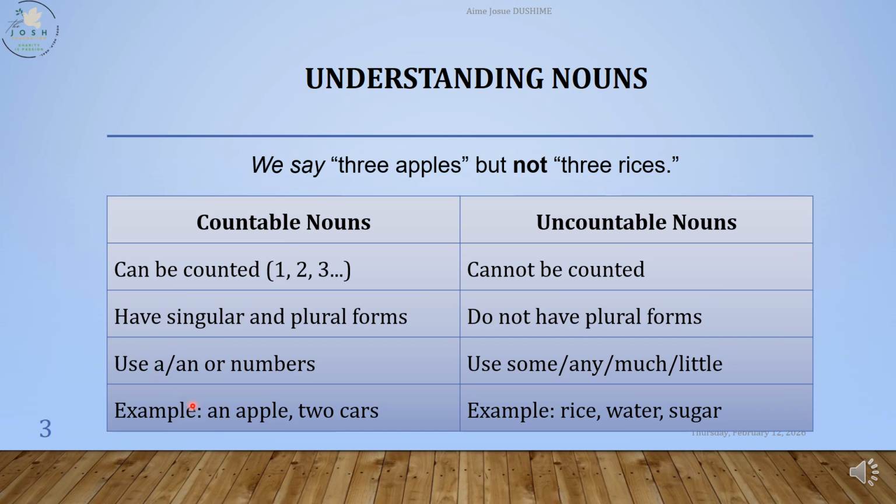Let's see examples like an apple, 2 cars. We can use an, we can use numbers: an apple, a chair uses a, 2 cars uses numbers. But here I can say rice, water, sugar, but I can't say 1 rice. No. I can't say 2 water.